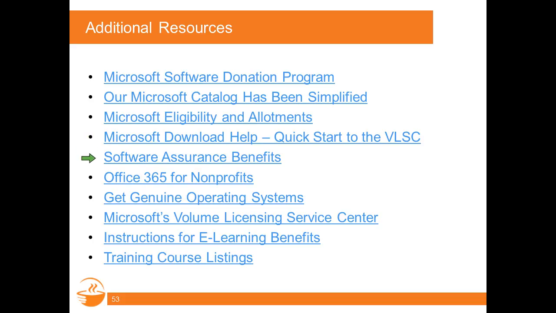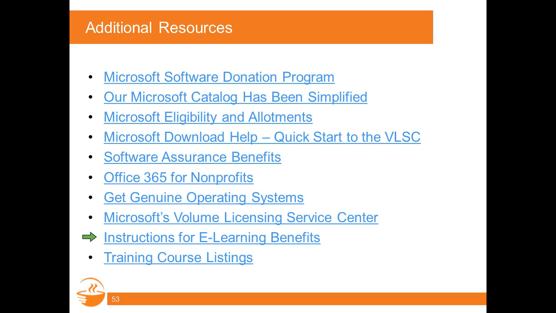An article specifically about software assurance benefits that we just mentioned a few of. We have a link directly to Office 365 for nonprofits for those of you who are interested in moving your Office to the cloud, and a link to the Get Genuine operating systems, which are those full operating systems that we showed you. The Volume Licensing Service Center link to take you right there if you're ready to get started and you know that you've got some donations waiting to be downloaded.